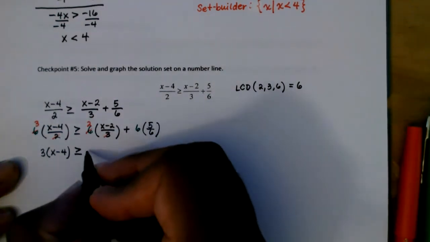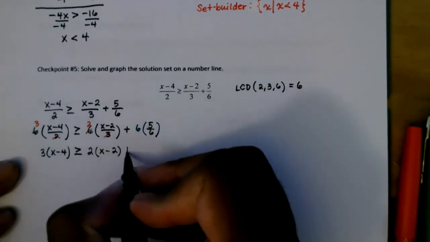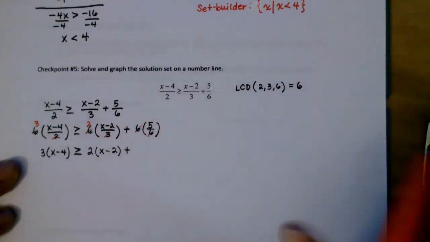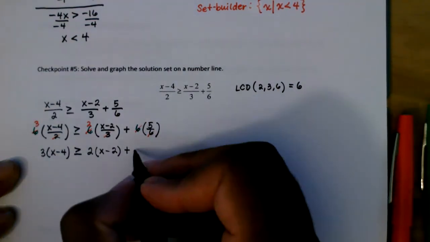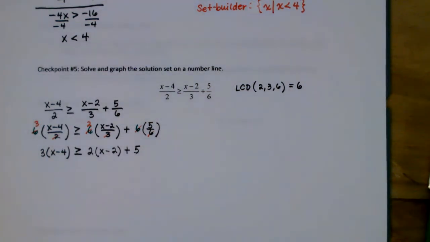So I'm going to have 2 times the quantity x minus 2 plus 6 times 5/6, the 6s divide out, you're left with 5. So this is what I have. 3 times the quantity x minus 4 is greater than or equal to 2 times the quantity x minus 2 plus 5.